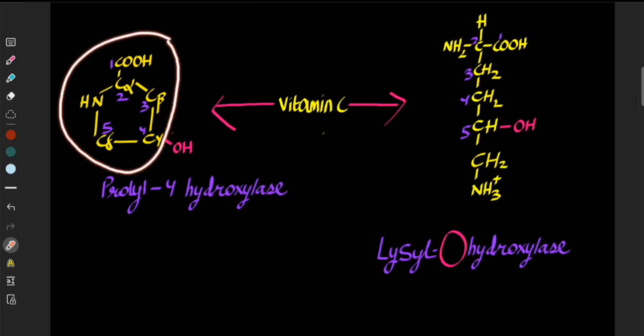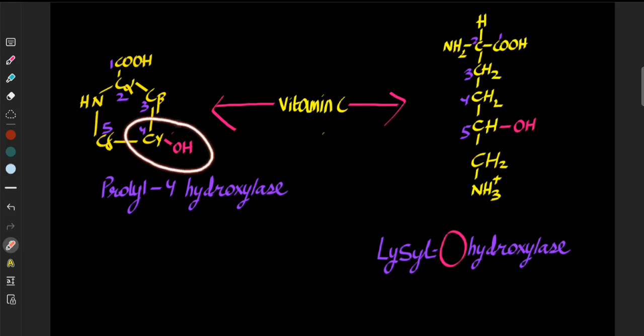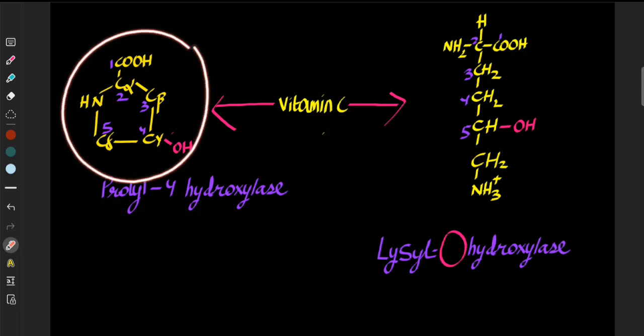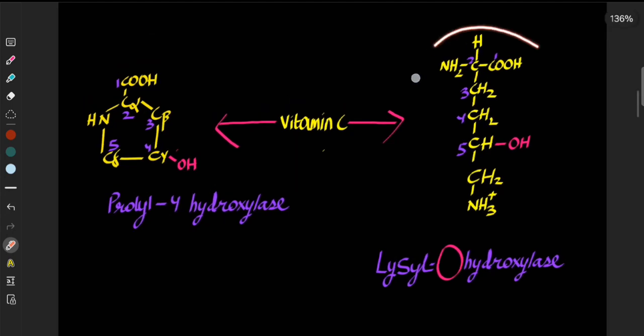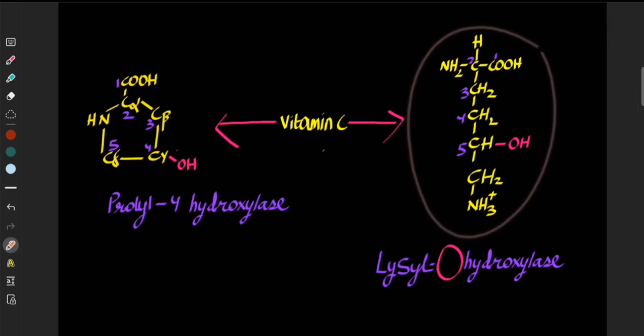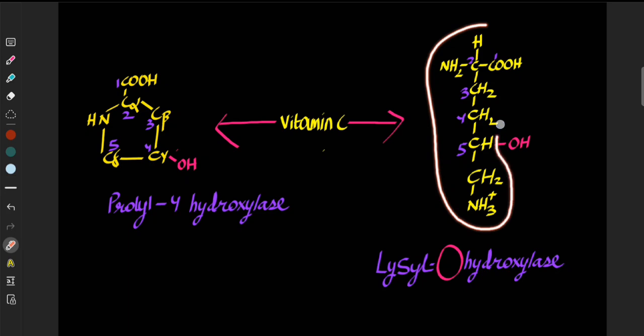If at the fourth position an enzyme called prolyl 4-hydroxylase adds a hydroxyl group, then this will be termed hydroxyproline, right? Similarly in the case of lysine. This is the structure of lysine, if I just take out the OH.